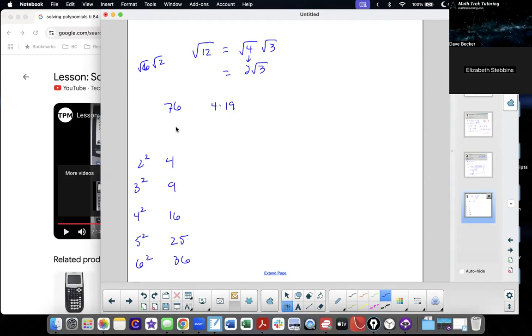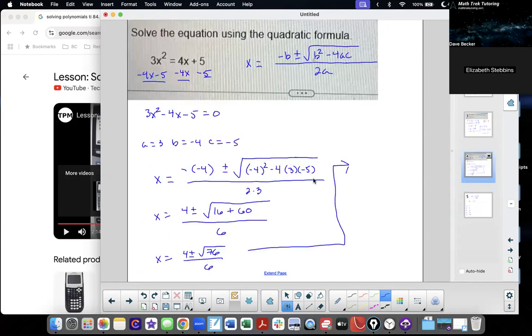And so since 4 and 19, well, then this becomes 4 plus or minus root 4 root 19 over 6, right? So that would be 4 plus or minus 2 root 19 over 6. Good.